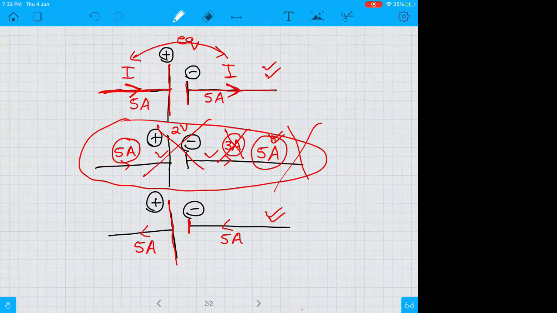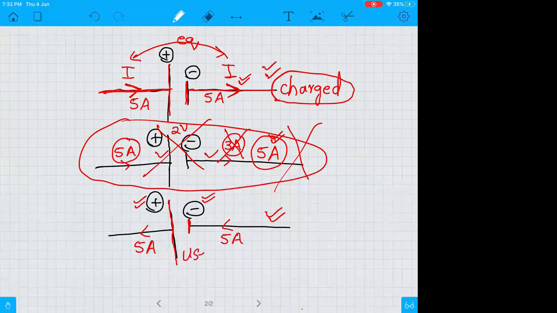How is it possible? Sometimes the cells are being charged. When cells are being charged, the current is from positive to negative. So if current is entering from the positive terminal and leaving from the negative terminal, then the cell is being charged. And in this example, when the current is from the negative terminal towards the positive terminal, the cell is being used.